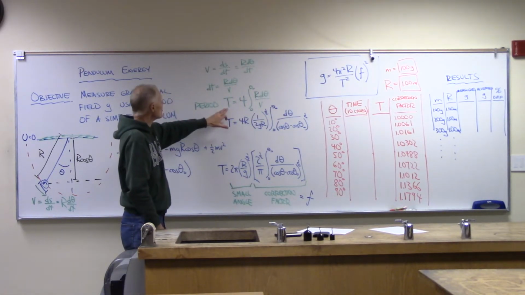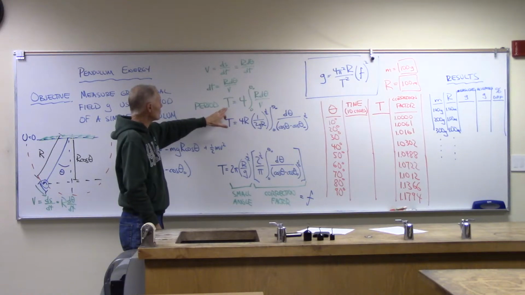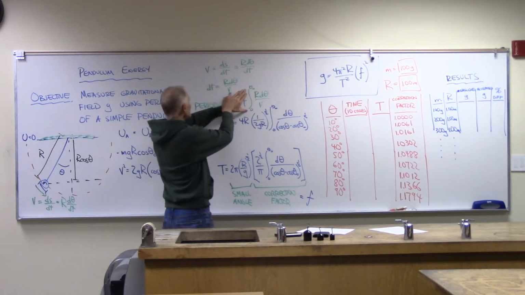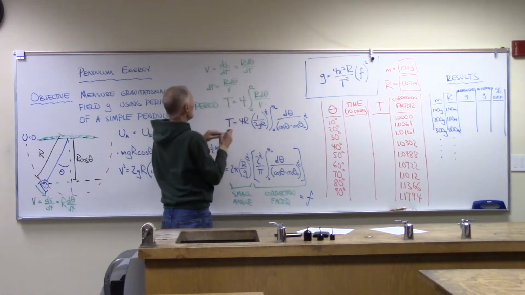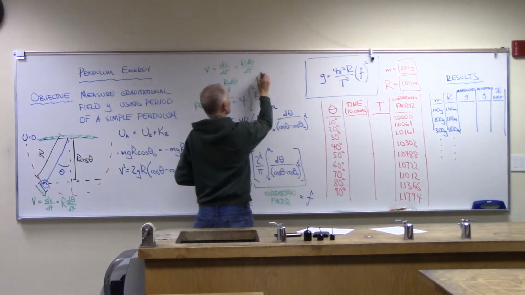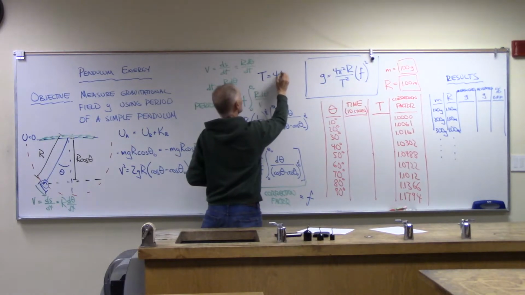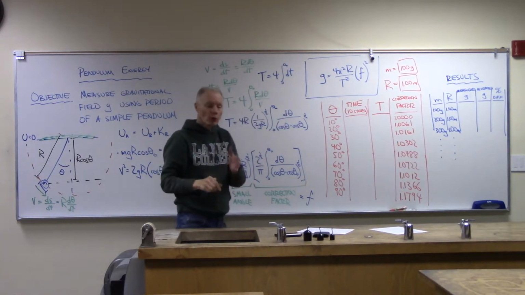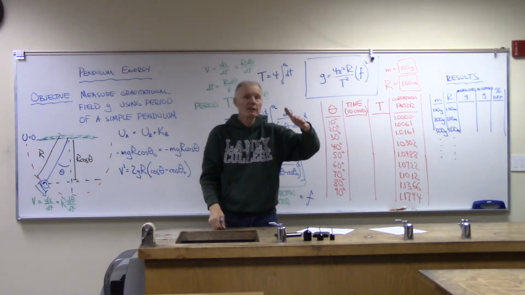So that's what we'll do, is we'll say that the entire period would be taking this dt that we have right here. So this is the amount of time. I guess we could write it this way. So 4 times dt. Now I'm only going to integrate from 0 out to theta naught.